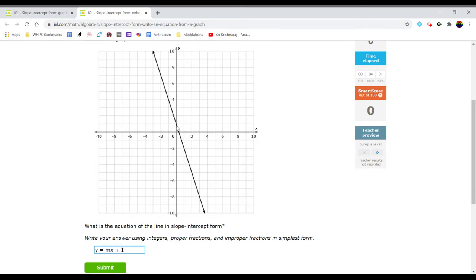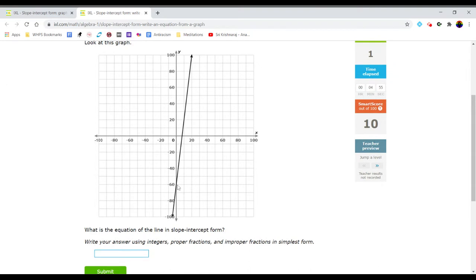So I'm going to count 1, 2, 3, and then to the right 1. So since I went down 3 and right 1, that's technically my slope. IXL will accept that as your answer, but since it's -3 divided by 1, we can technically just leave it as -3.